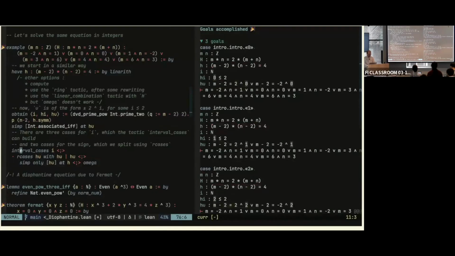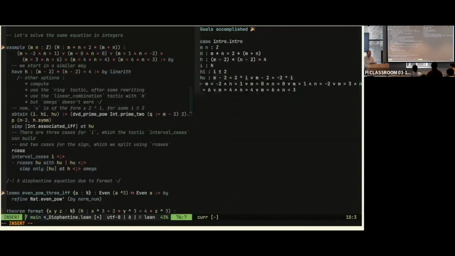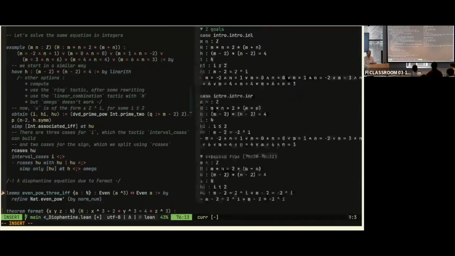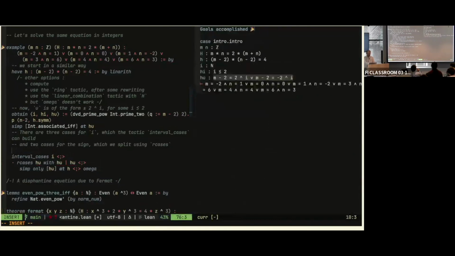So I should not do interval_cases. For example, let's say rcases hu. So hu, you see, is over there. It's an OR condition. So if I want to use an OR condition, there are 2 cases. Either it is the first one.